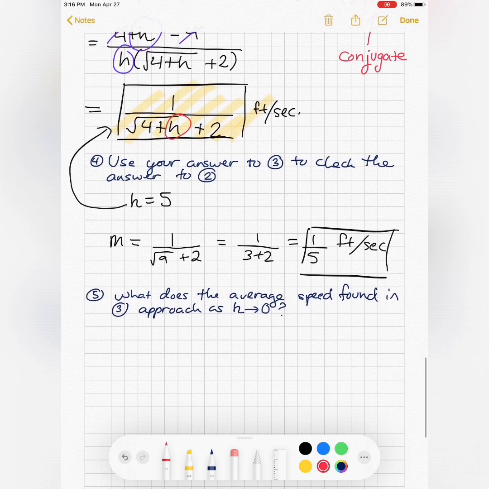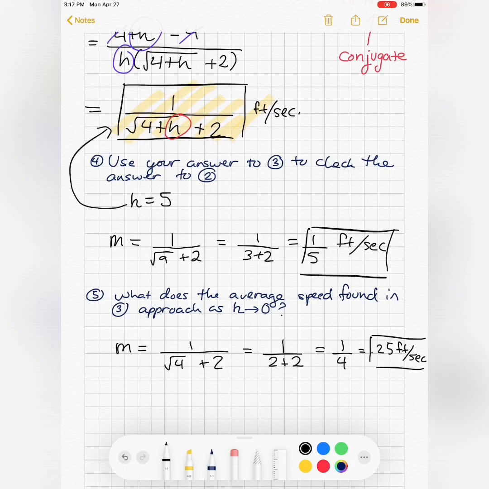Well, if that h goes to 0, wouldn't that just leave me with 1 over root 4 plus 2? 1/4? So the average speed approaches 1/4 or 0.25 feet per second as h approaches 0.